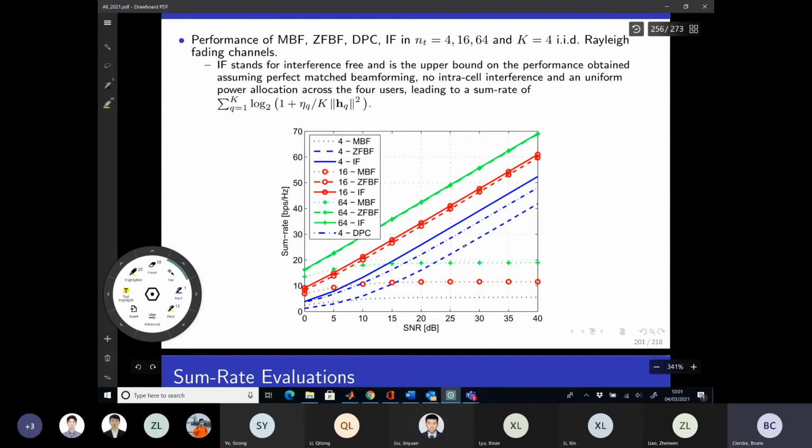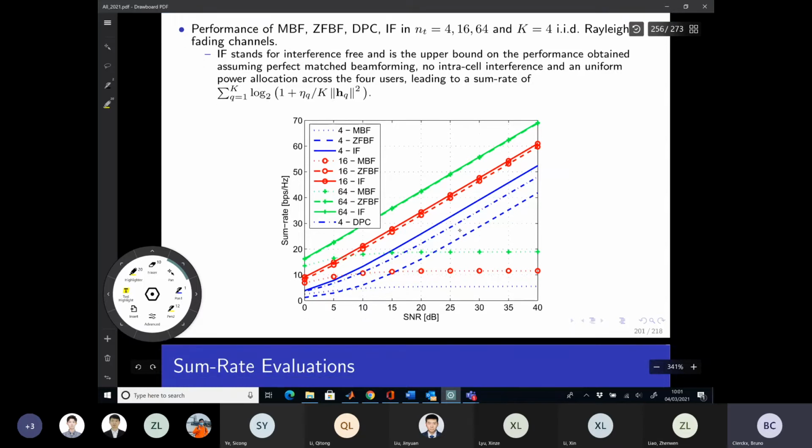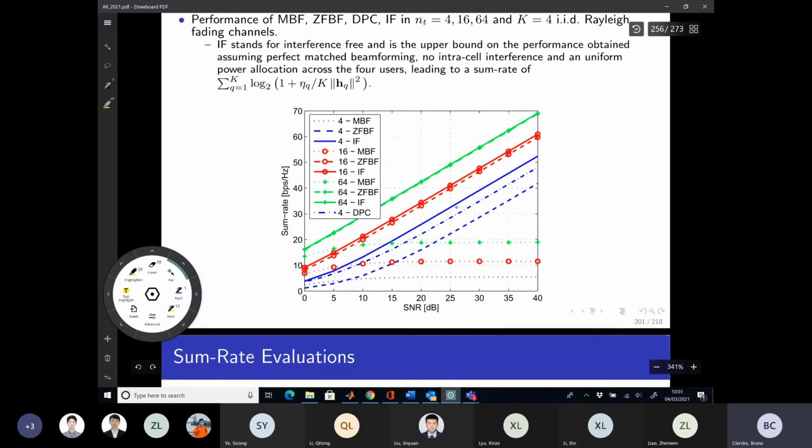Zero forcing works better, but it's still quite far away from DPC, and DPC is further away from an upper bound. So this is the capacity achieving one. This is an upper bound on the capacity. If you increase the number of antennas and you move to 16, for instance, you see that the maximum ratio transmission increases, but it's still quite far from what you could get here.